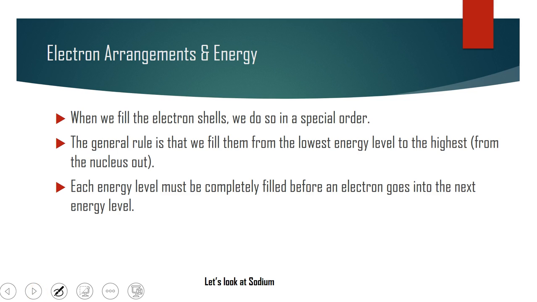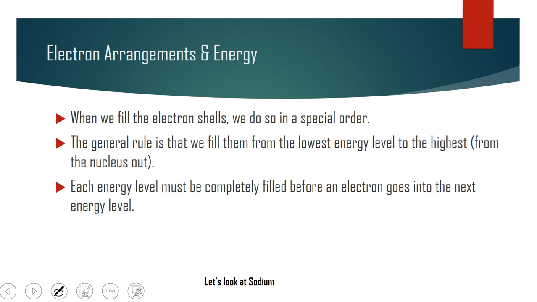When we fill electron shells, we have to do them in a specific order. Generally, we fill them from lowest energy to highest energy, from the nucleus out, because energy increases as we move away from the nucleus. Each energy level needs to be completely filled before the electron goes into the next energy level, though we do see some variations in that as we move on.